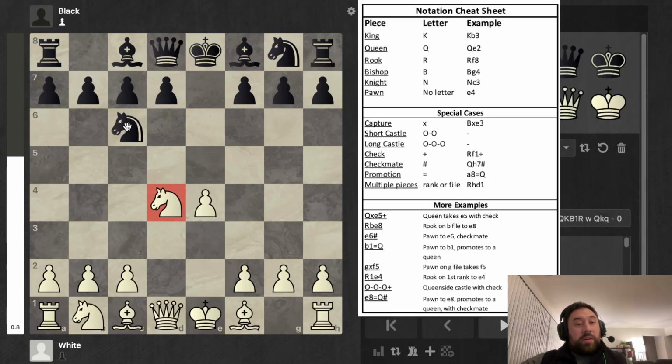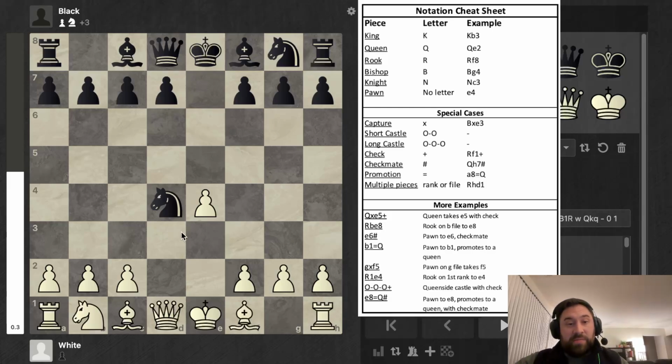Now, interestingly, if black recaptures here, what piece is this? This is our knight, so we're going to say NX, because there was a capture, so knight takes, and it's the same square, D4. So interestingly, both players just made the same move, NXD4 followed by NXD4. Kind of fun.